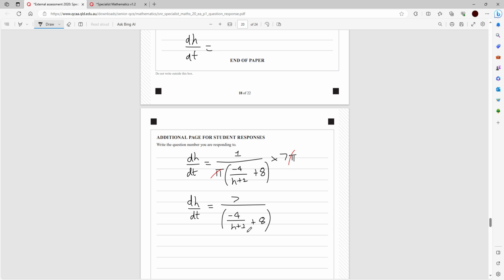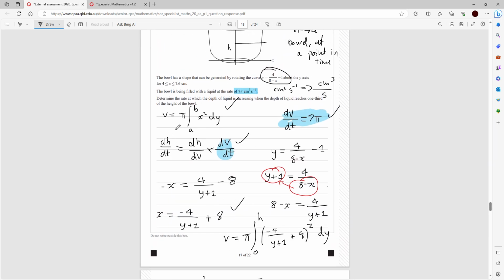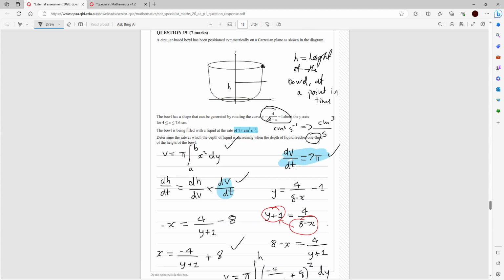Now, this hasn't given us a number, because remember, we're looking for the rate at which the depth is increasing when the depth reaches 1/3 of the height of the bowl. Now recall, what's the max height of the bowl? We want the biggest value of y, and we can work it out by using the biggest value of x.